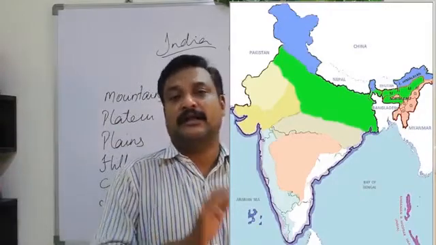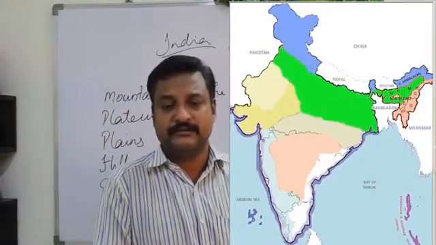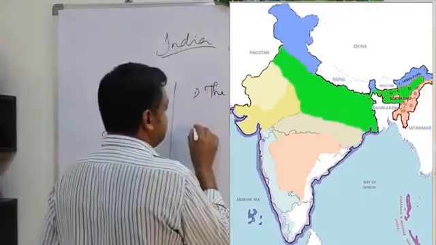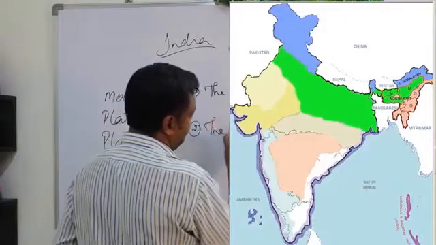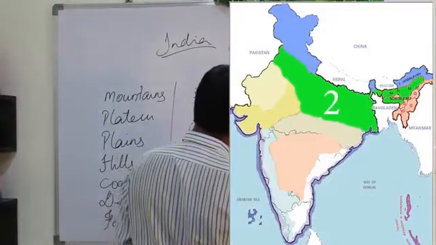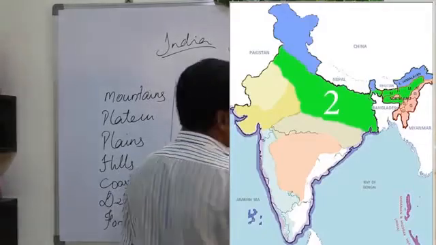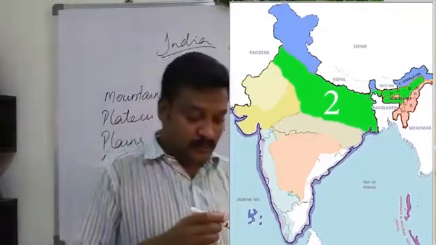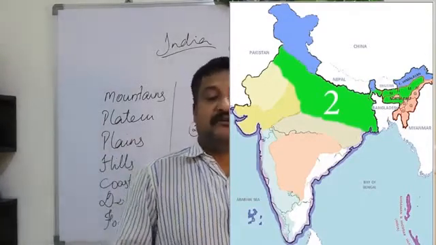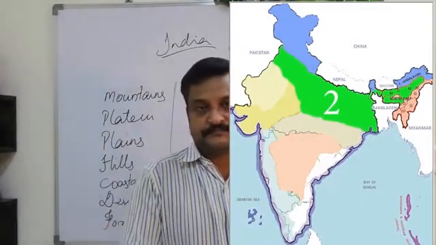Okay, the Himalayas. Right? Now, the second is the northern plains. Just below these mountains, along the rivers that come out of the mountains, we have plain land areas.